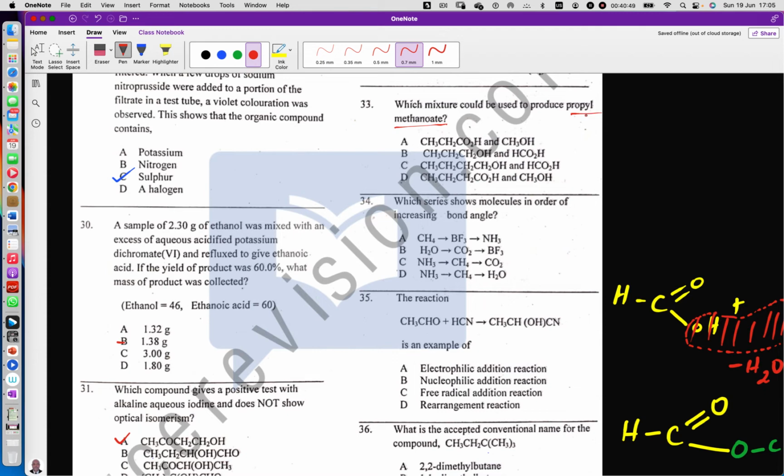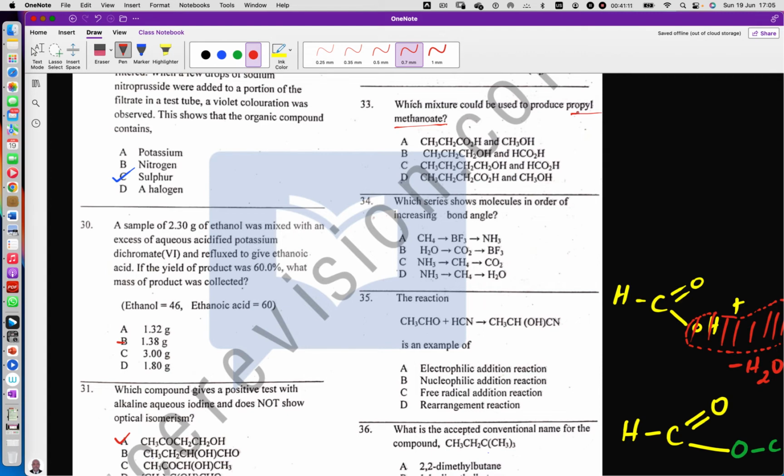So propyl methanoate means it is the formation of an ester when a carboxylic acid reacts with an alcohol. When a carboxylic acid reacts with an alcohol, an ester is formed. So it is the group of the alcohol that we start naming with.